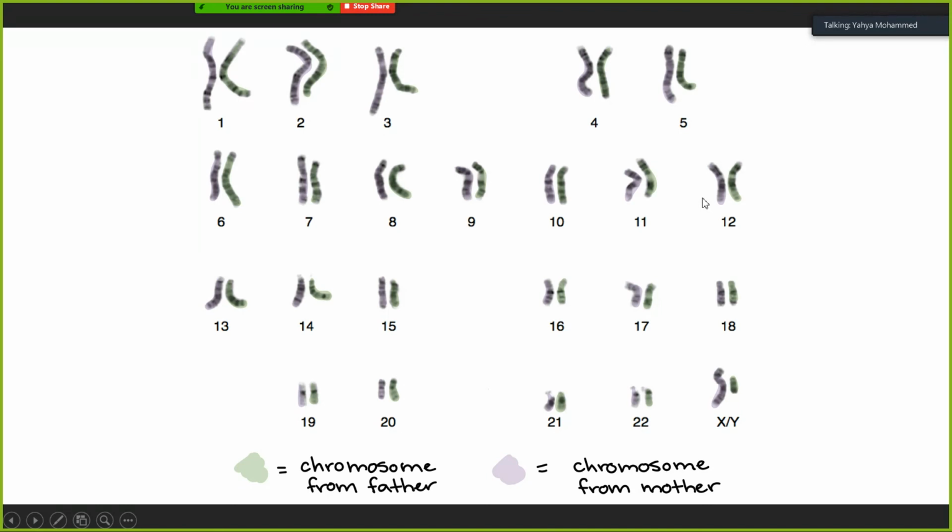Everything gets super compact when the cells are dividing. That's when they stain these and take a look at them. Otherwise the nucleosomes and everything are still there, but they're not as wrapped up and compact as this most of the time.